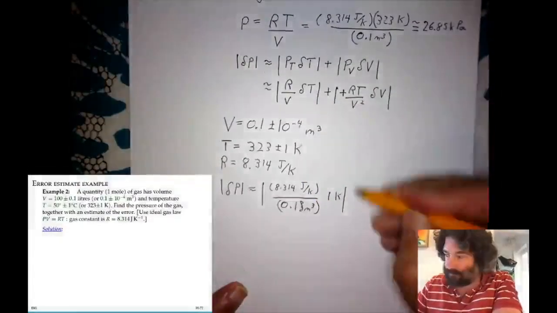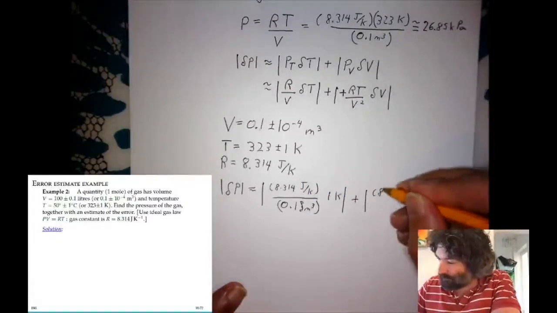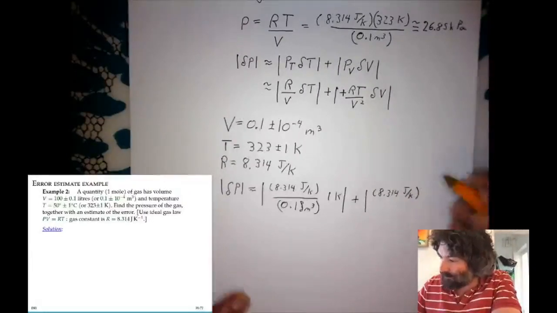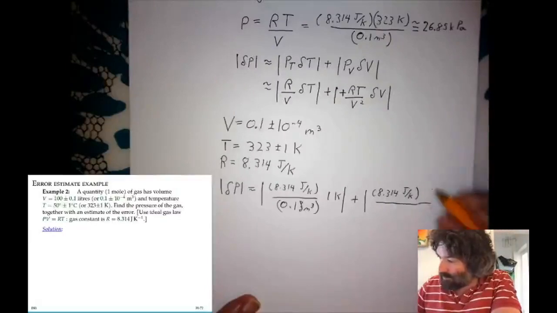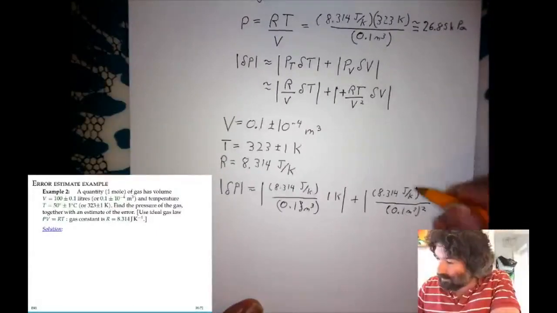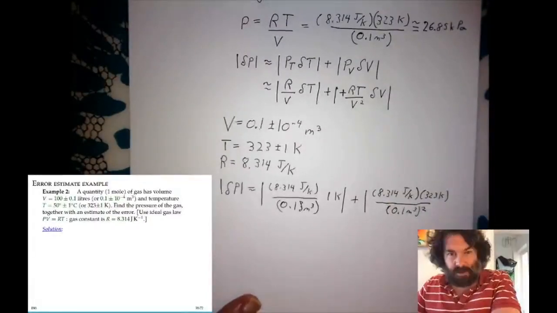That's this term, plus another term: the constant R times T, 323 Kelvin, divided by V squared, which is 0.1 cubic meters squared, times the error in the volume.